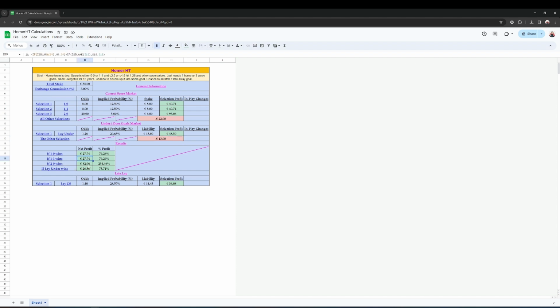The same for 1-1. 2-0 is again a massive green. 234.46% of the total stake that you use on both markets. And then if lay under wins, it's 75%. Why is it 26.5? Again, simple, because I've won 48.50 minus 22, which is 26.5. Yeah.